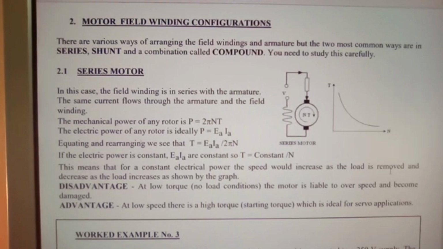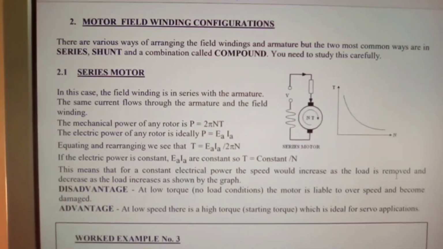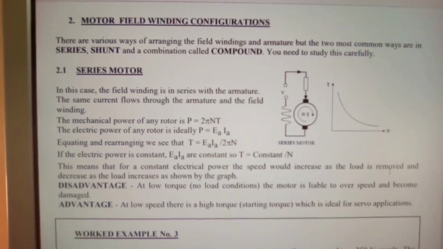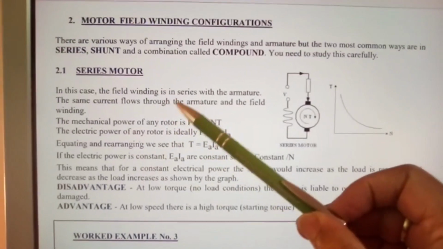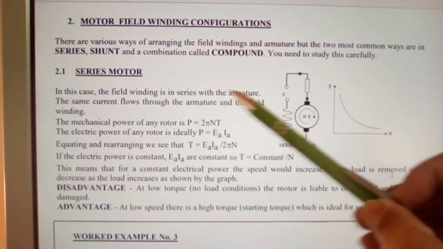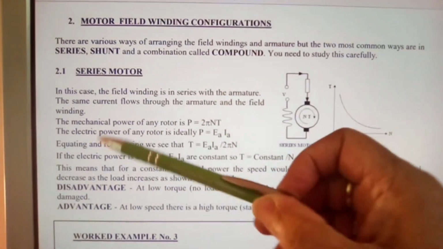Now, series motors. In this case, the field winding is in series with the armature. The same current flows through the armature and the field windings.